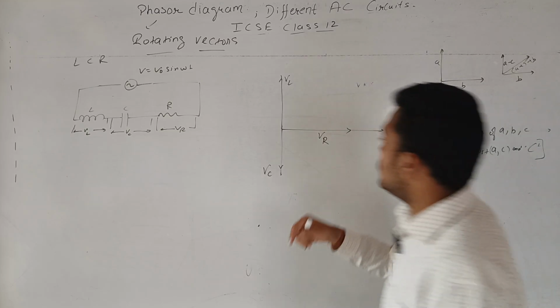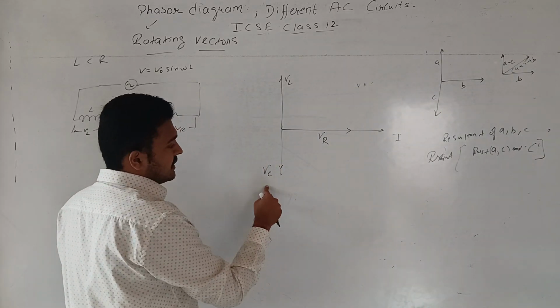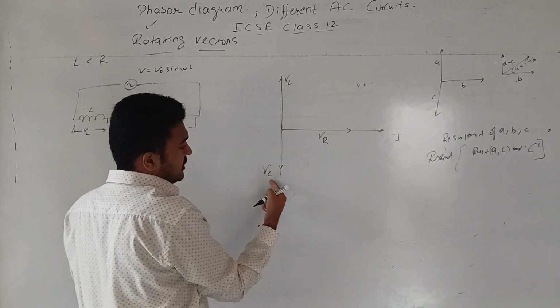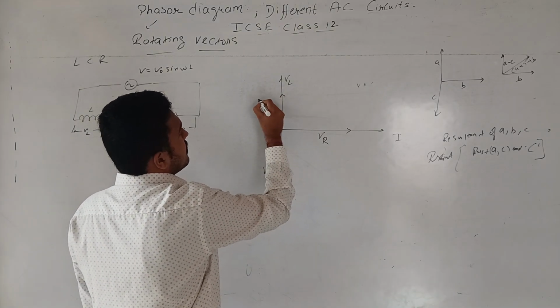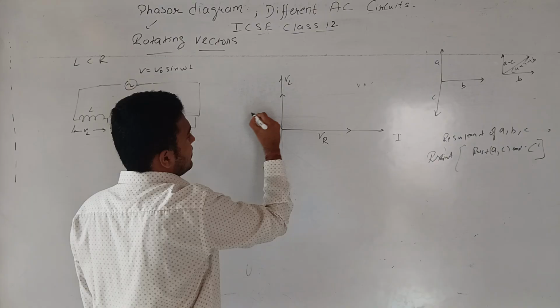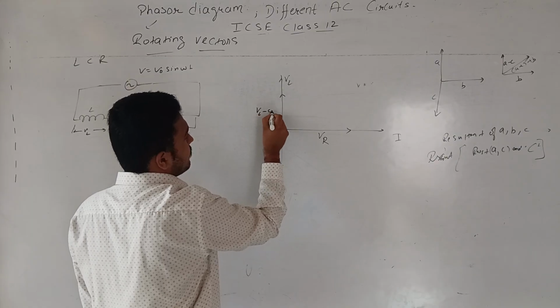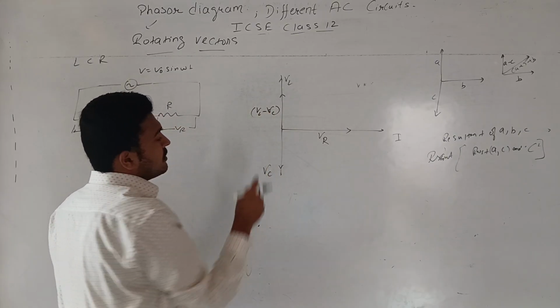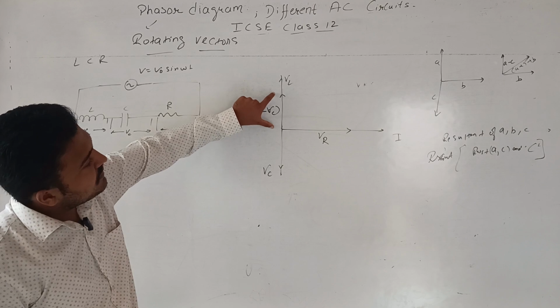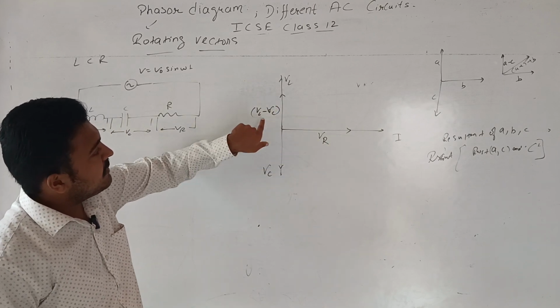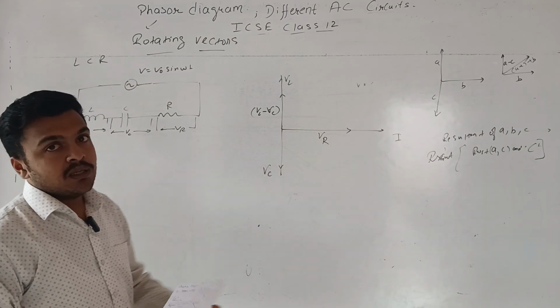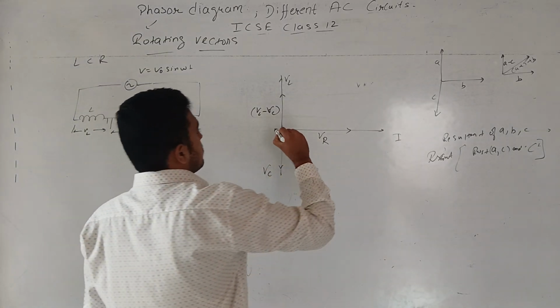Similarly, here also we will find the resultant. First is the resultant of VC and VL. Suppose VL is more, we get this length as VL minus VC. So this vector is VL minus VC and this is VR. The resultant of VL minus VC and VR is our total potential V in the circuit.